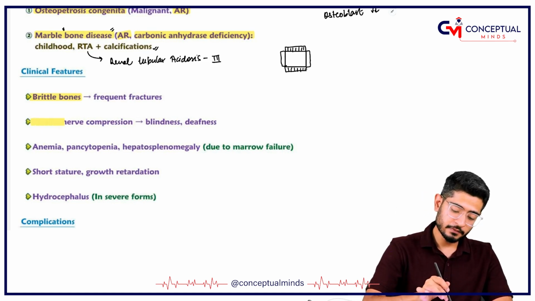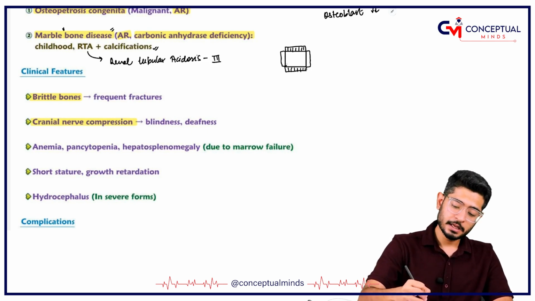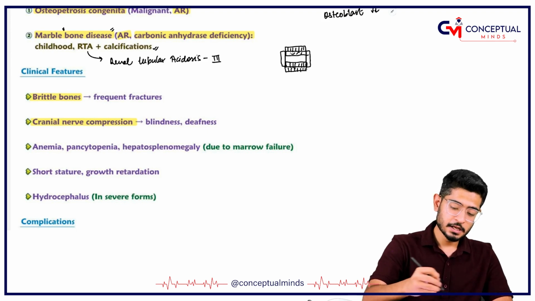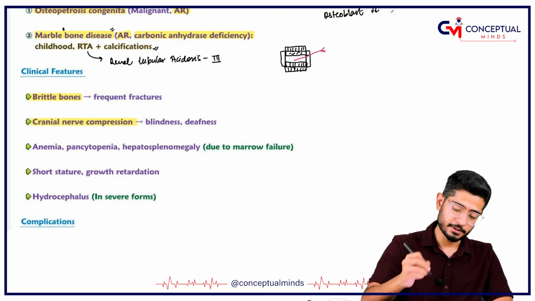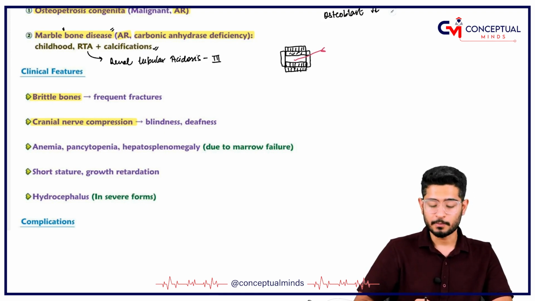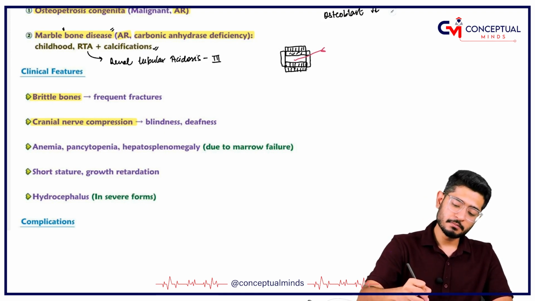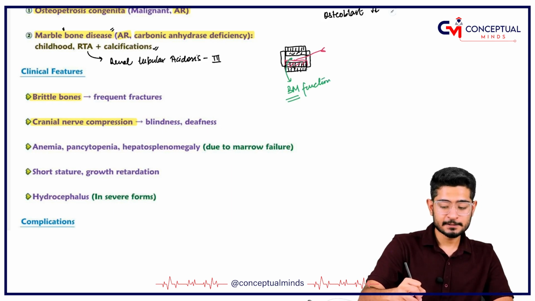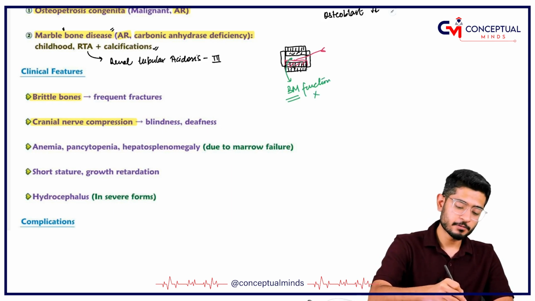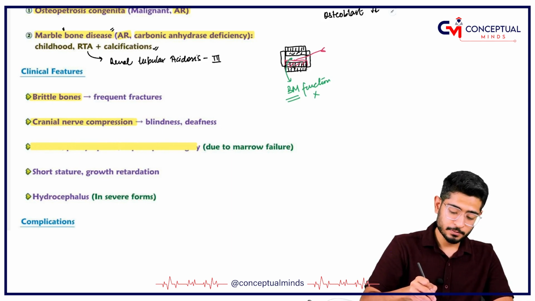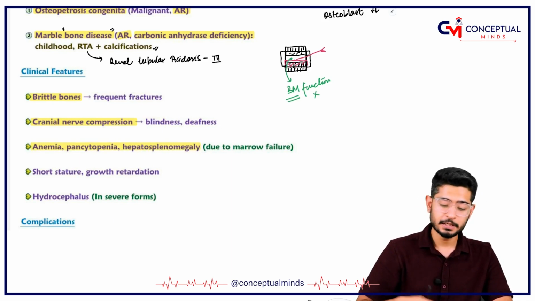There is a cranial nerve compression also. See, for example, if there is a lot of dense bone, the cranial nerves are going to get compressed. Okay, so there is a cranial nerve compression which is going to happen, and since most of the area is getting covered by the bone itself, the central part, where the bone marrow was supposed to be, is not going to function properly because of the less space, and since the bone marrow is not functioning properly, there will be anemia, pancytopenia, and yes, there can be hepatosplenomegaly.